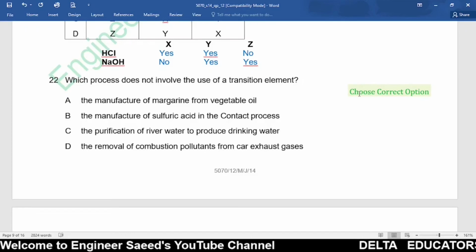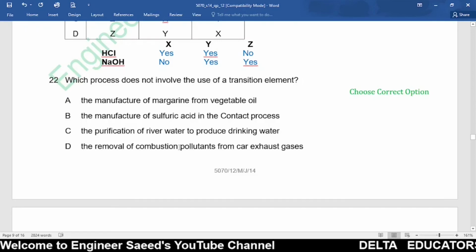C. The purification of river water to produce drinking water. Yes, this is the correct option because for the purification of river water we have to use chlorine and chlorine does not belong to the transition elements. So our correct option will be option C. What is given in D? The removal of combustion pollutants from car exhaust gases.